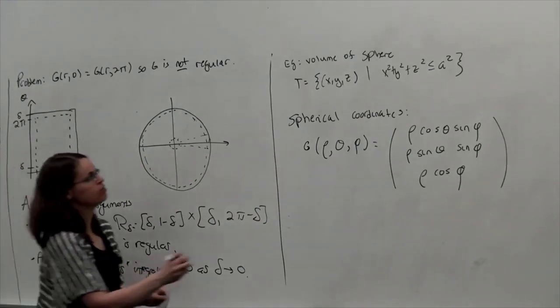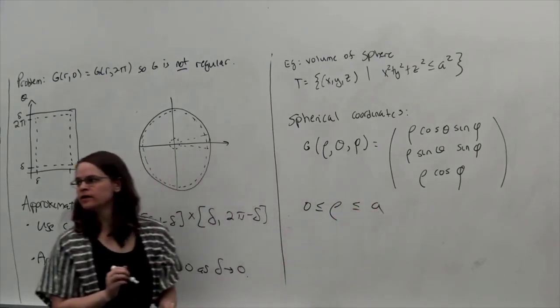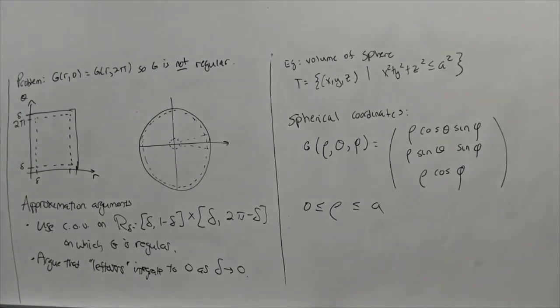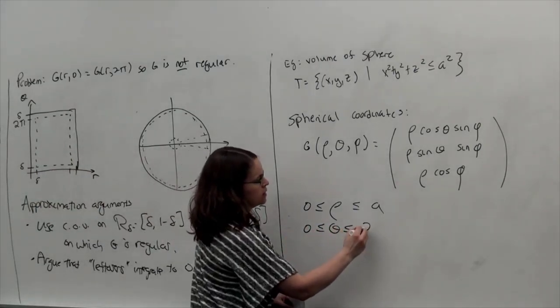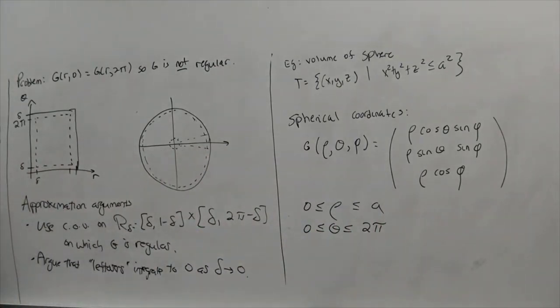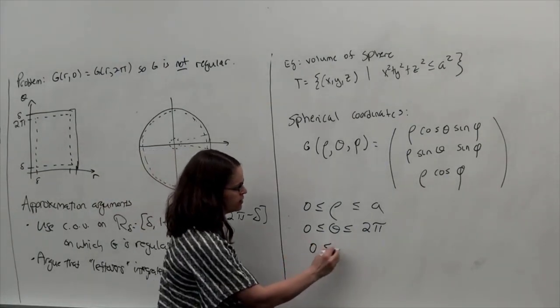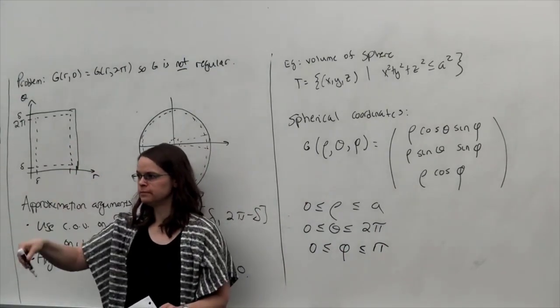Usual spherical coordinates. So rho is our radial component that goes from 0 to A. We have theta as this azimuthal angle that goes all the way around the circle. And of course, the periodicity here is what breaks the regularity, but only at a small number of points. And then we have this polar angle phi that goes from 0 to pi.